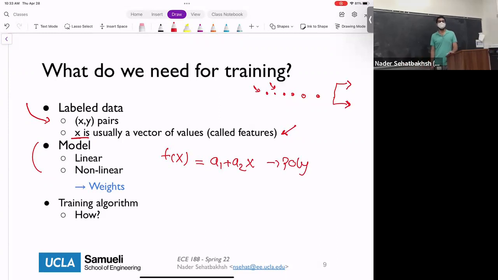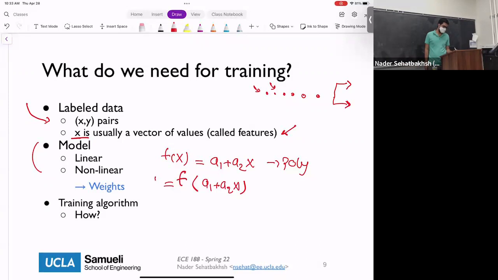Your model could also have some nonlinearity in it. So maybe it could be something like f of a2 times x, which then results in y. And this f could be things like tanh, the hyperbolic tangent, or another function that we usually call ReLU, which we're going to talk about. It could be anything else.